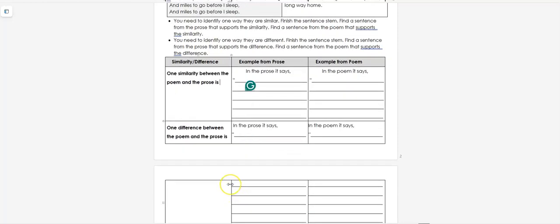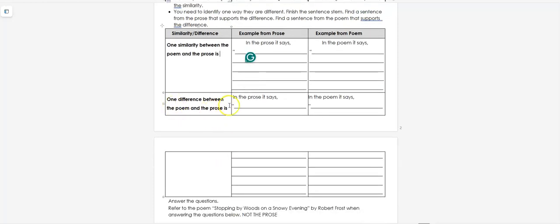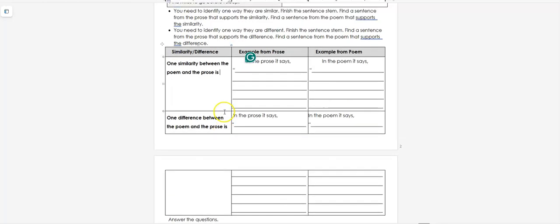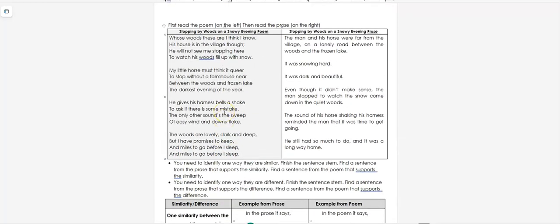For the difference, the formatting is off because I'm using the Word document online in the app instead of on paper. One of the most obvious differences between the poem and the prose is that the poem rhymes and the prose does not.